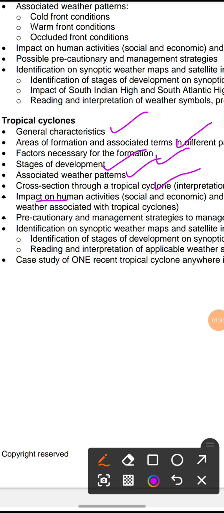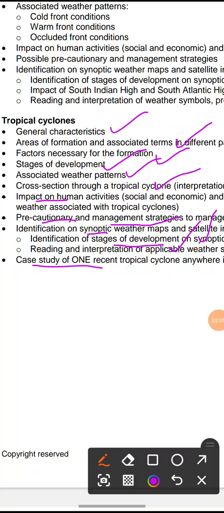social, economic, precautions and management strategies, identification of synoptic weather map and satellite, identify the stages of development on a synoptic weather map, reading and interpretation of applicable weather case studies.